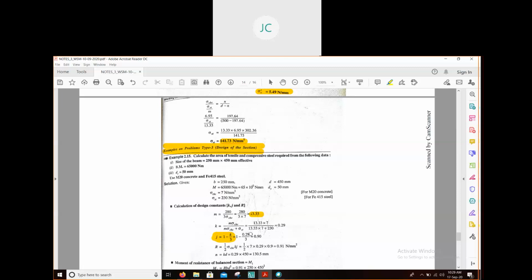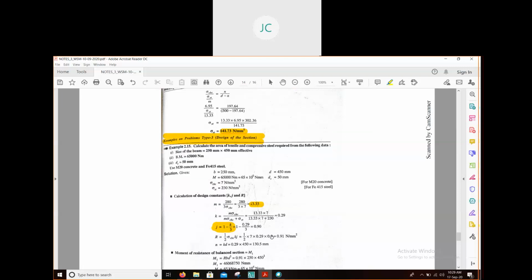You simplify it and solve, you will get J value equal to 0.9. Then we know that R equal to half sigma CBC K into J. Put the values of sigma CBC and K, you will get the value of R.